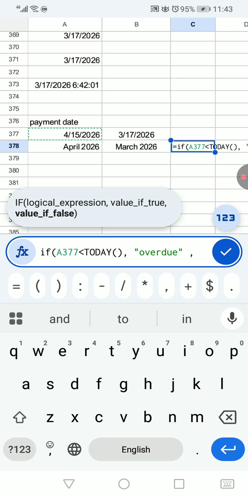I am using IF just to get the benefit of TODAY. Sometimes you are paying your amount within that date, sometimes the amount would be paid after the due date. So instead of calculating them by yourself, we will be using it with a conditional function.